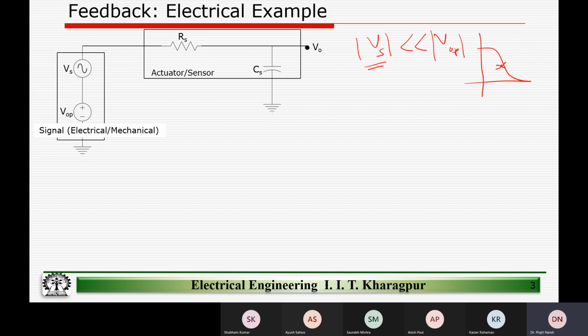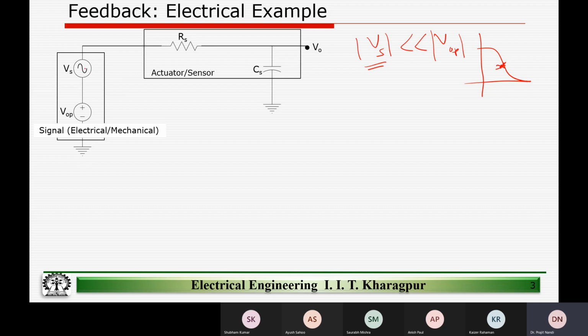That's the key thing we want to ensure if we want to make this whole transducer work as a small signal device. If we want to make it work as an amplifier, we need to ensure that the characteristics of the amplifier or the sensor are maintained without disturbing the operating point itself.